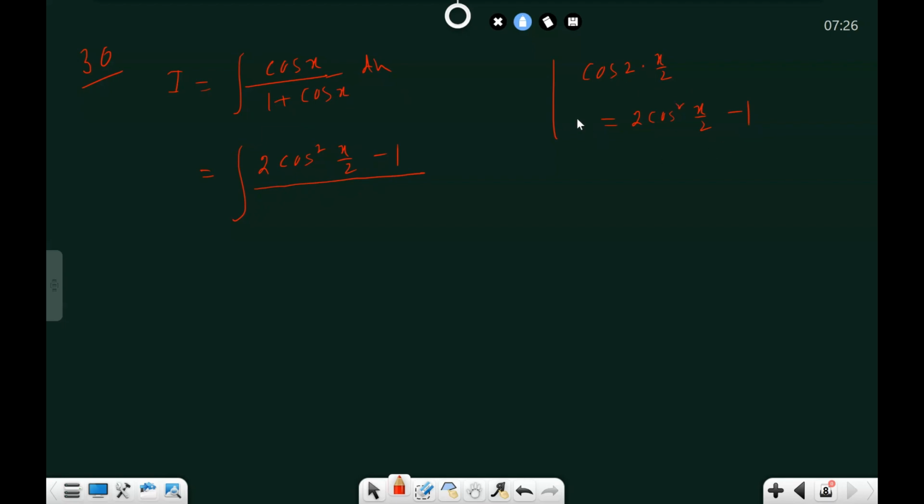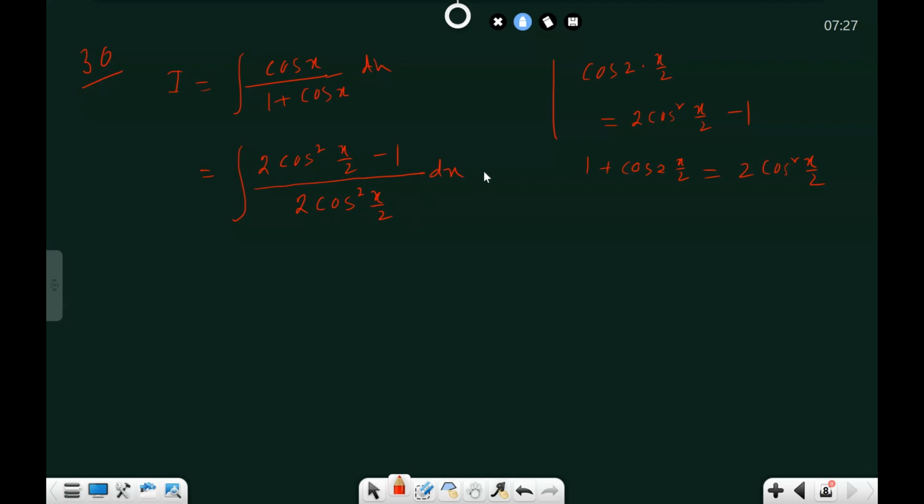This one can be taken to the left hand side. So from here again I can write 1 plus cos of 2 times x by 2 is equal to simply 2 cos square x by 2. Can I write? Yes. So you write here 2 cos square x by 2, and dx.